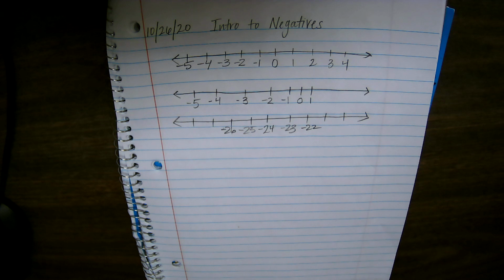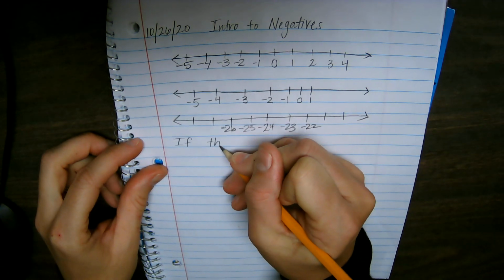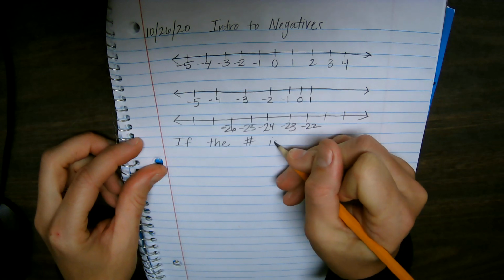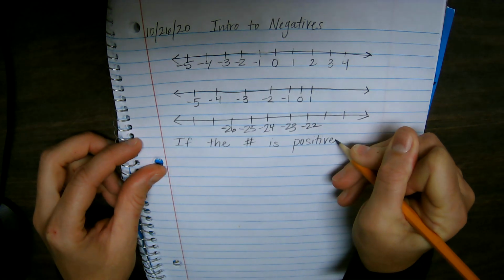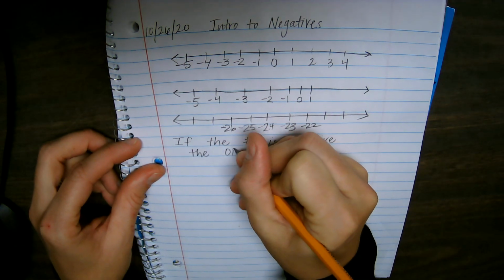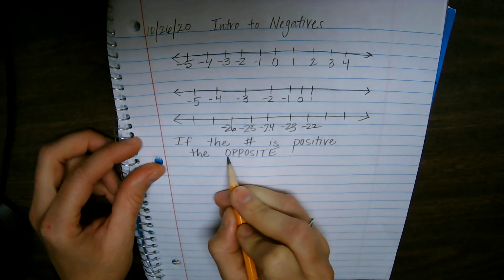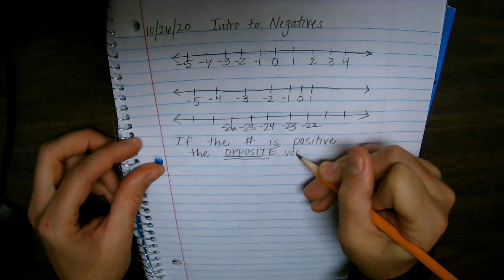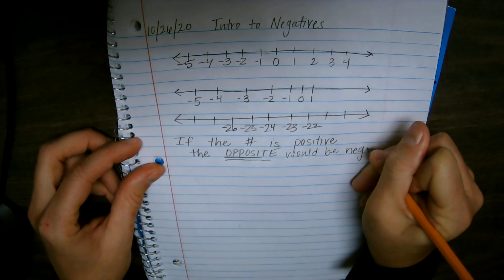All right, now the opposites of numbers. So if the number is positive, the opposite would be negative.